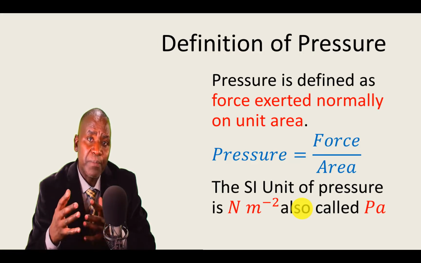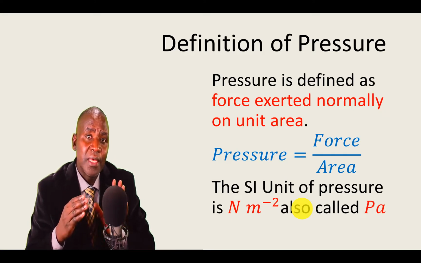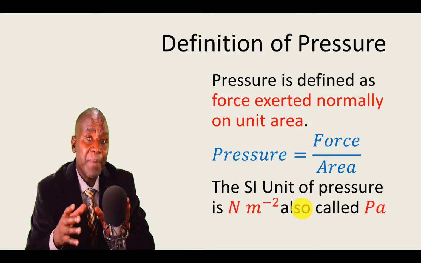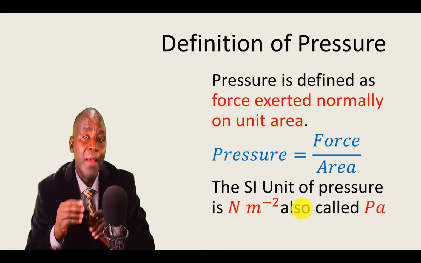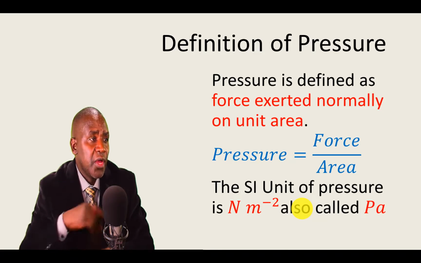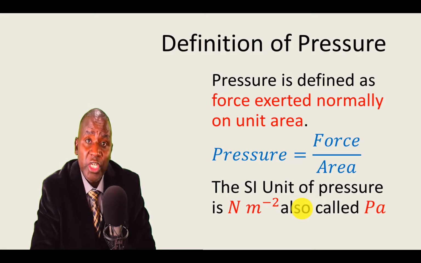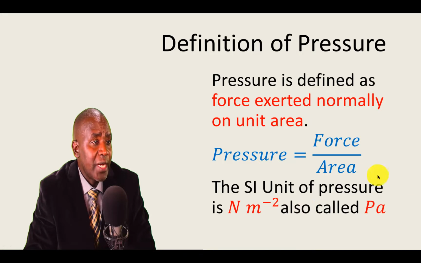These are names of people, and when the physical quantity is given the SI unit of the name of a person, then that unit must be defined. So remember, in physics, we deal with the definition of physical quantities as well as definition of units. But before we go to that, let me explain the word normal here.